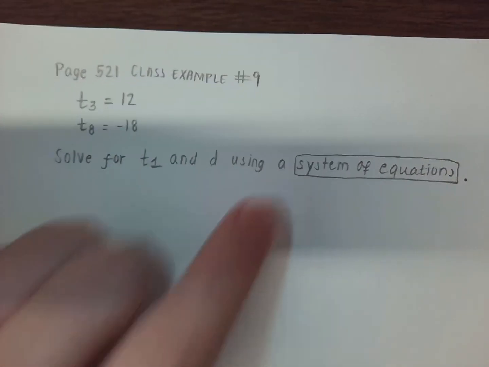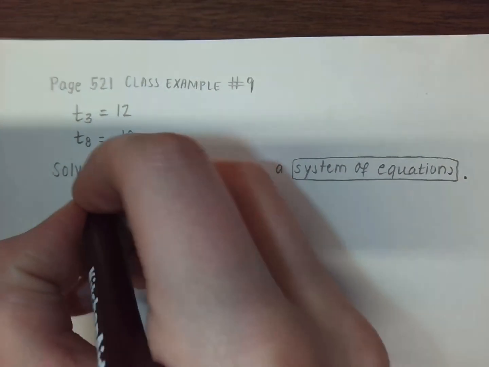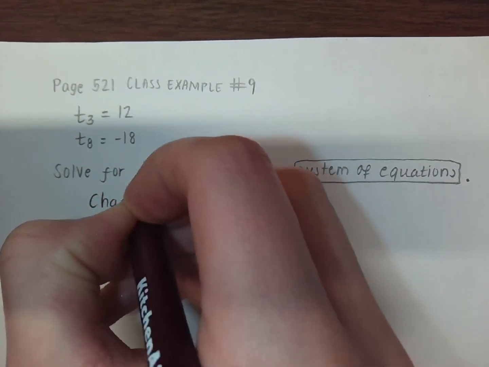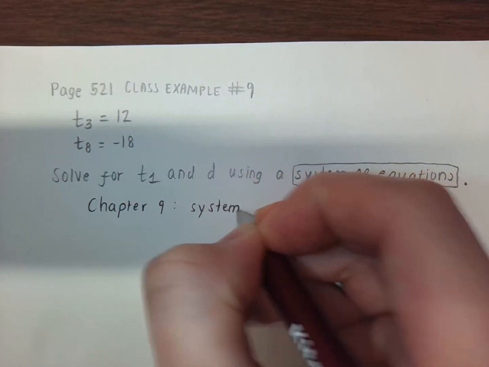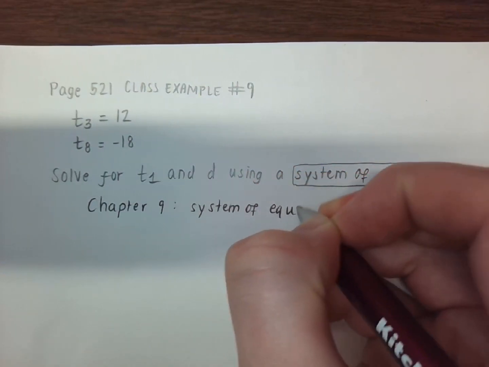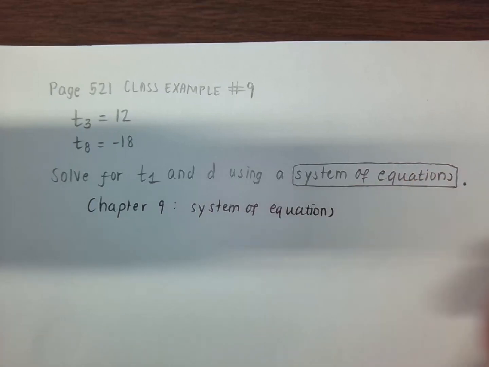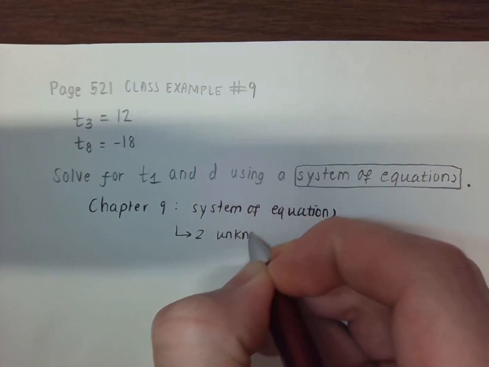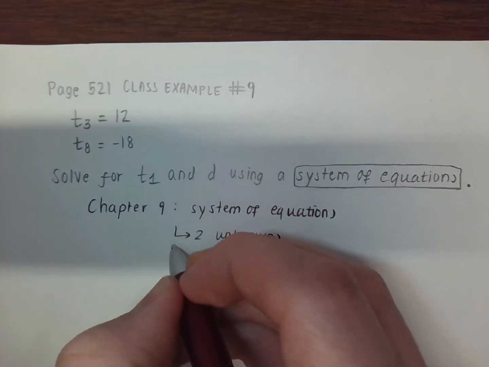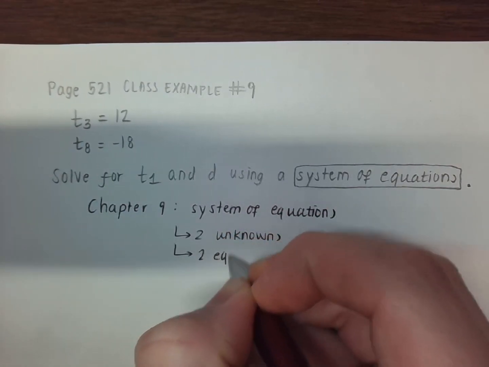If you remember from chapter 9, the deal with a system of equations is when you have two unknowns, but you also have two equations.